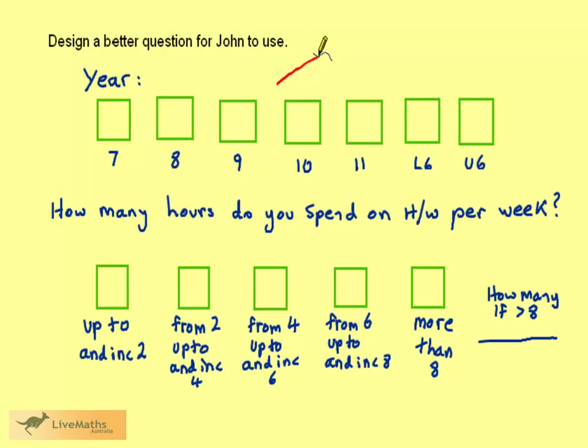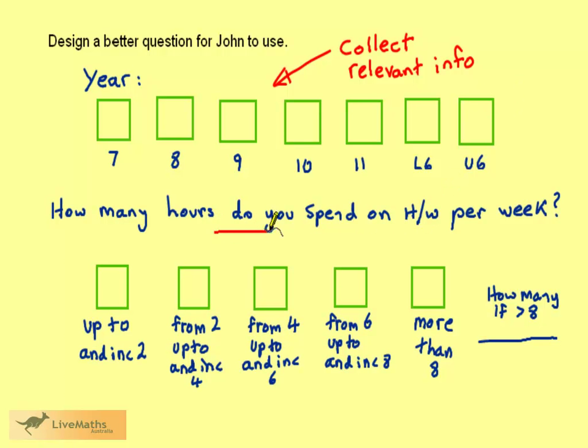Let's use this as the basis for some general tips on designing questionnaires. First of all, we need to collect relevant information about the people answering our questionnaire. In this case, it was year group. In another case, it might be their gender.